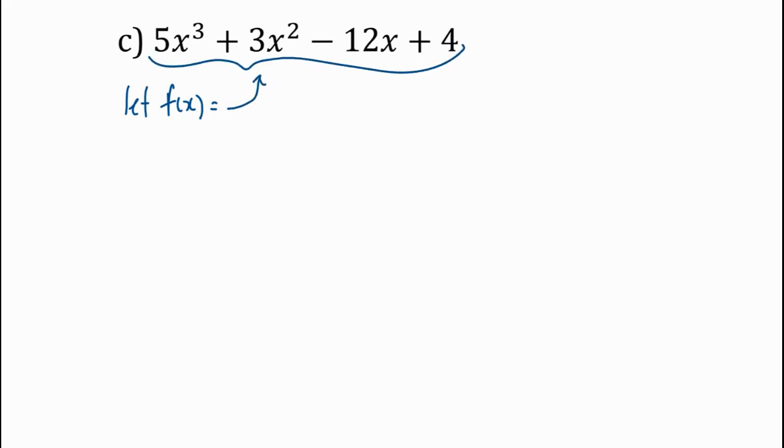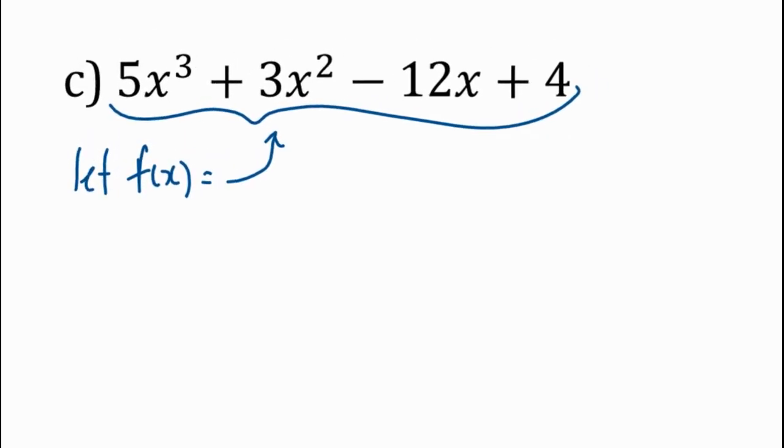Let f at x equal that. And we would go hunting for a factor that makes this expression equal to 0. And one of the things, remember, we talked about was just look at the coefficients. Is there any way to add and subtract the coefficients together to get 0? 5 plus 3 is 8, plus 4 is 12, minus 12 is 0.